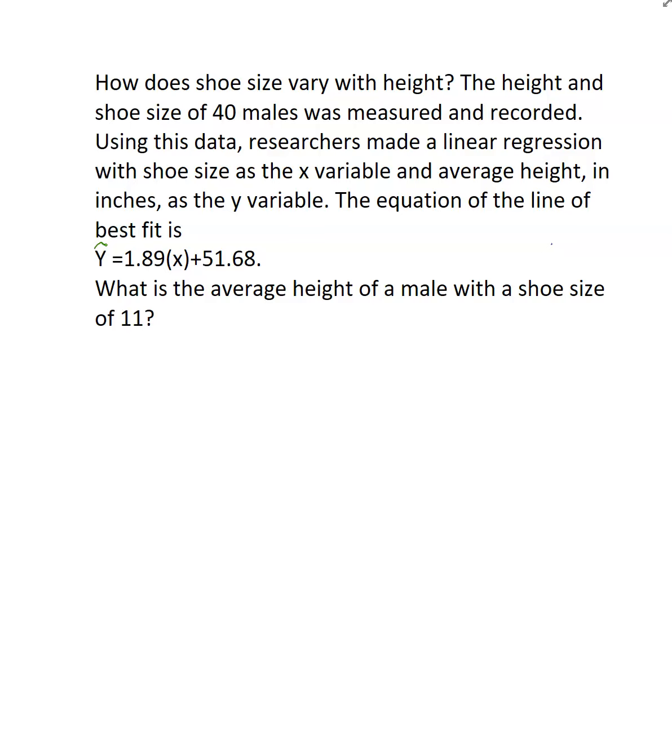So let me write the question again. Y hat is 1.89x plus 51.68. And as always, we need to identify what y stands for and x stands for. X is given to be the shoe size, and the average height in inches is the y variable.